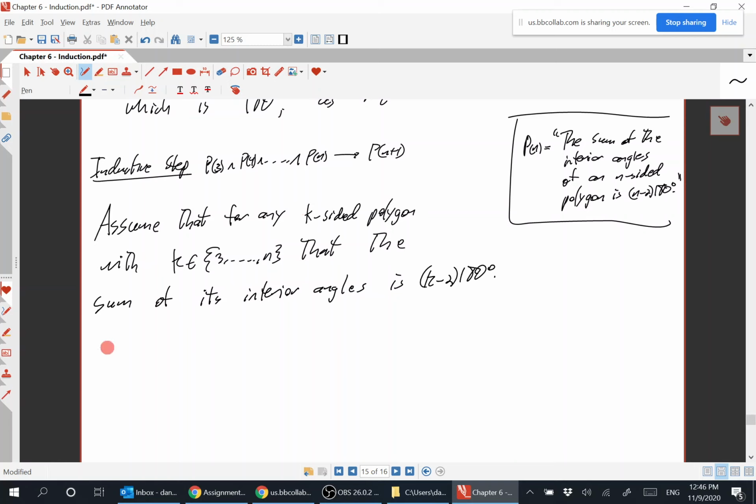Now what do we need to show? Show that any what-sided polygon? So the hypothesis is that Pn is true for 3 to n, and we've got to show that Pn plus 1 is true. So we need to show this is true.